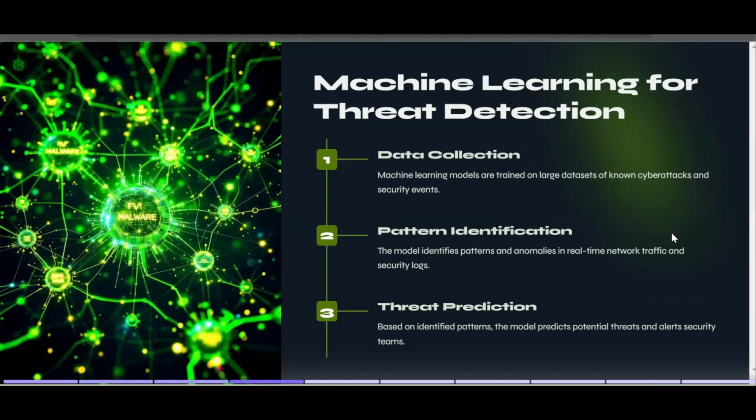Okay, so machine learning for threat detection, right? First, it collects the data, then it identifies the pattern, and then it predicts the threat. So this is how this machine learning, this AI algorithm, uses the threat detection mechanism or technique.